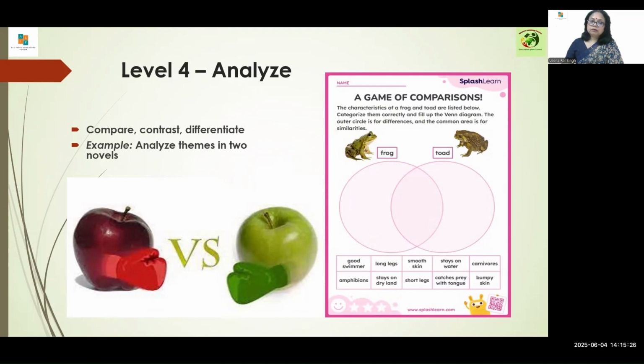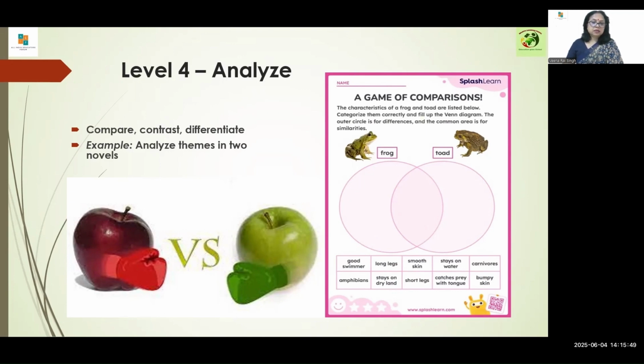Level 4 now. Level 4 is discussing analyze. The details of two things have been given, and now the child is trying to compare, contrast, or differentiate. An example that has been quoted: an apple is there, but it is green in color, or red in color.